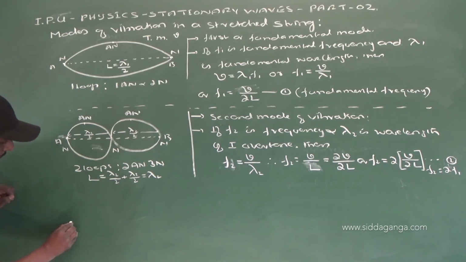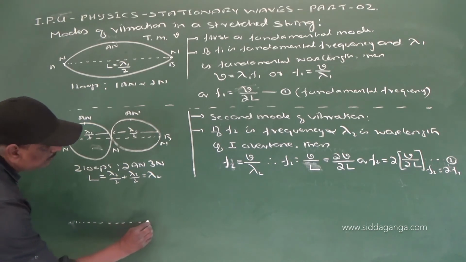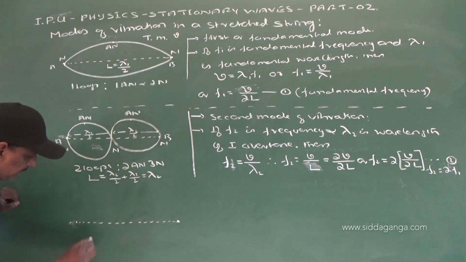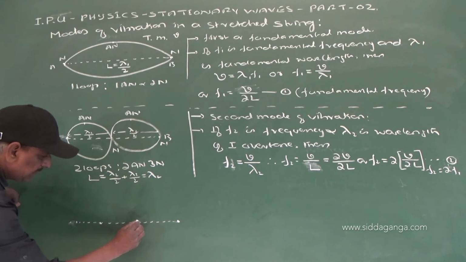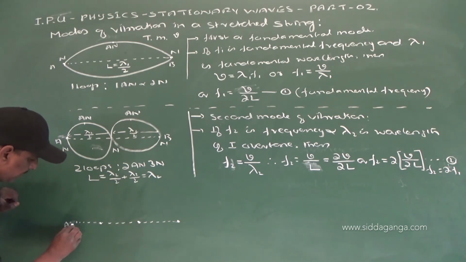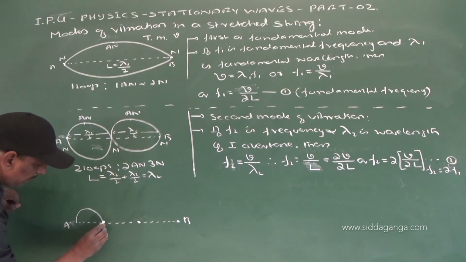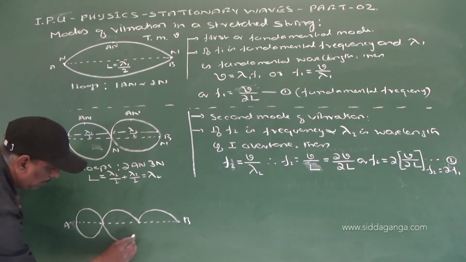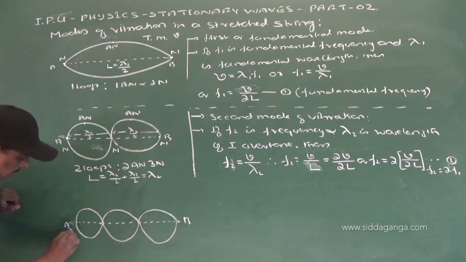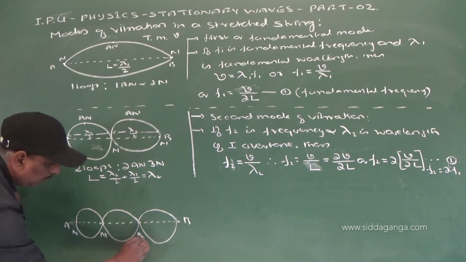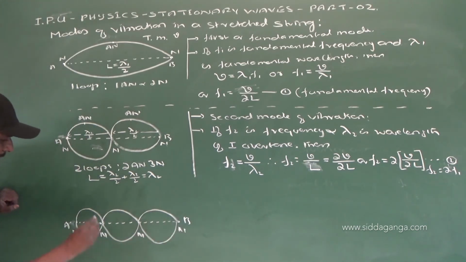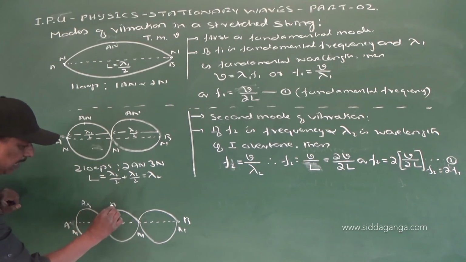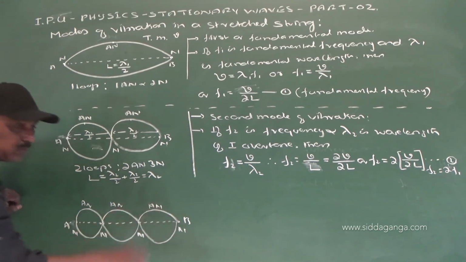Now when I take the next mode of vibration, it vibrates with 3 loops. Node, node, node, node, antinode, antinode, antinode.